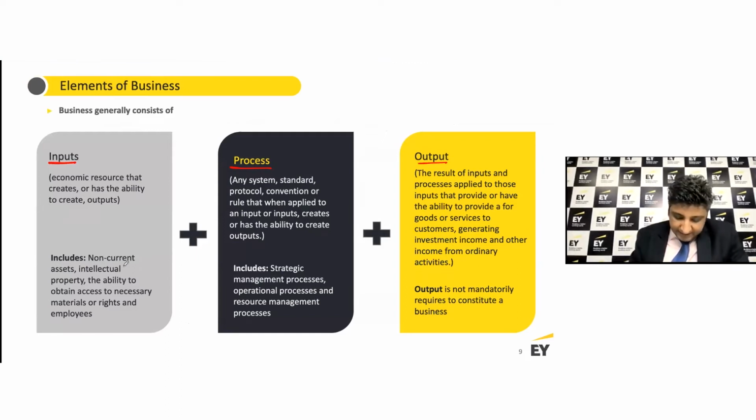For example, I may have investments in assets, my IPs, intellectual properties, my people, my investments in general. It could be physical assets, it could be monetary assets, it could be anything for that matter. At the same time, I would have operational processes or resource management processes or strategic management processes aligned with those inputs. So I'm utilizing those inputs as a part of my operations, my decision making, my execution.